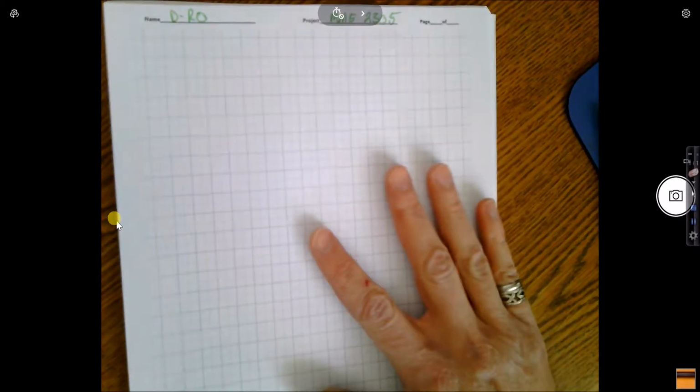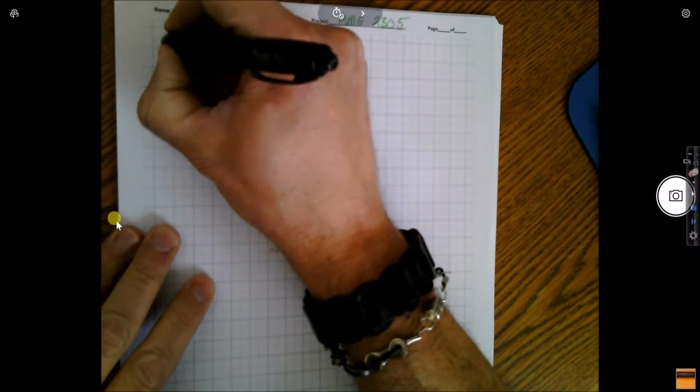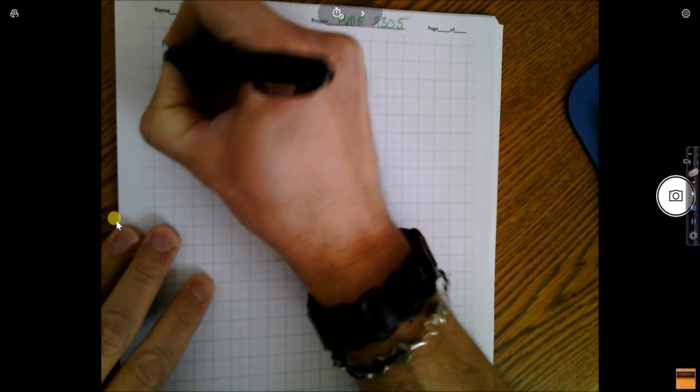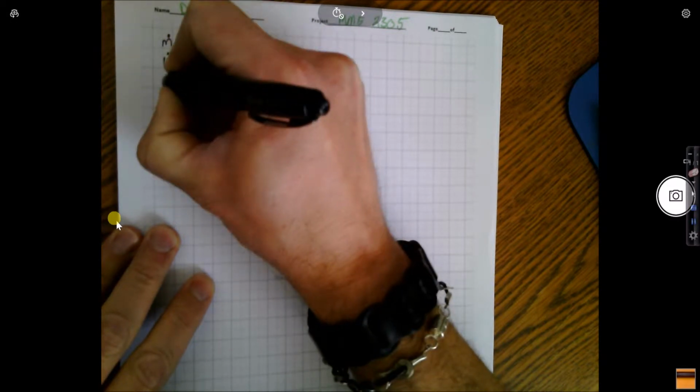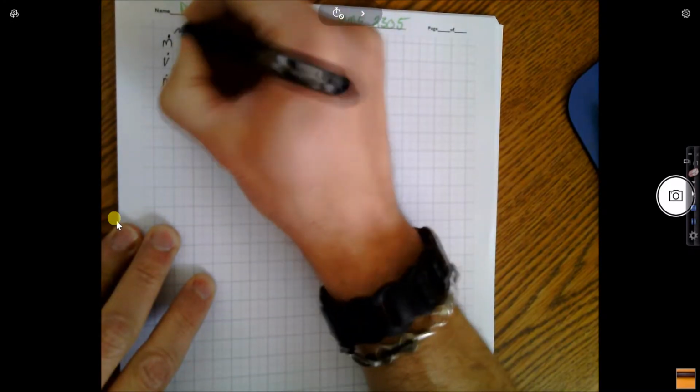Okay, we got the camera firing on all cylinders, sort of. The rates we tend to care about in this class are mass flow rate, volumetric flow rate, and molar flow rate. And you know it's a rate because of the dot.